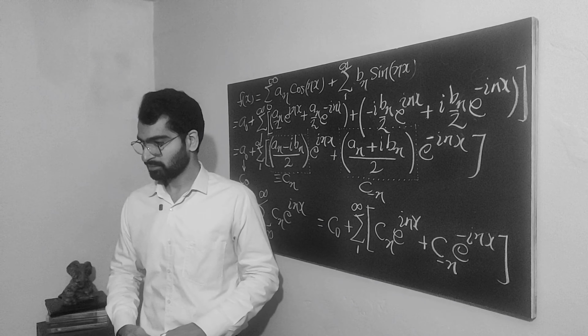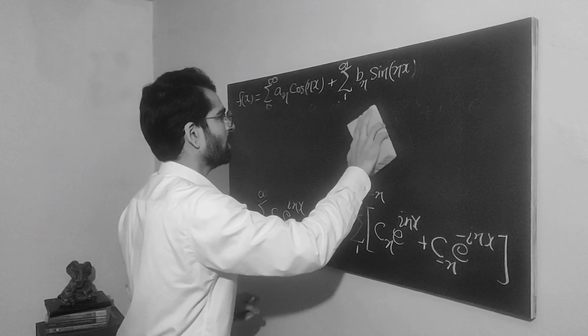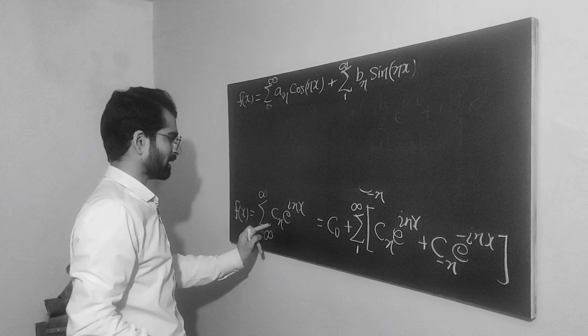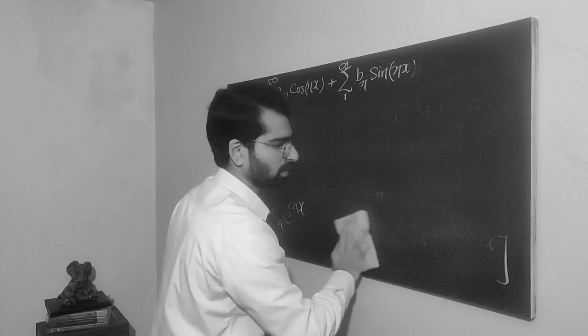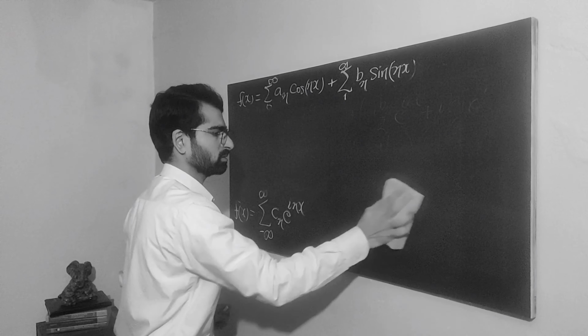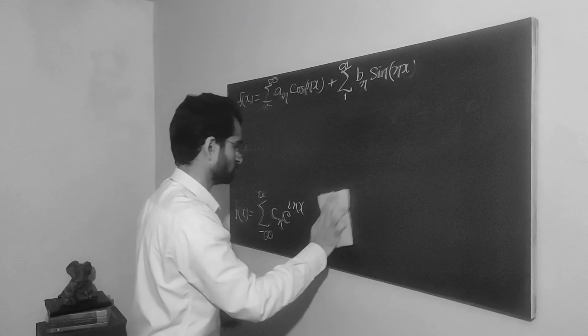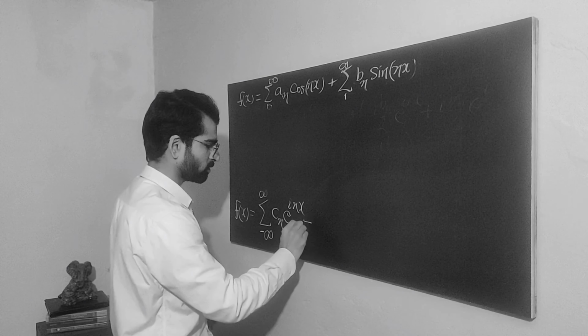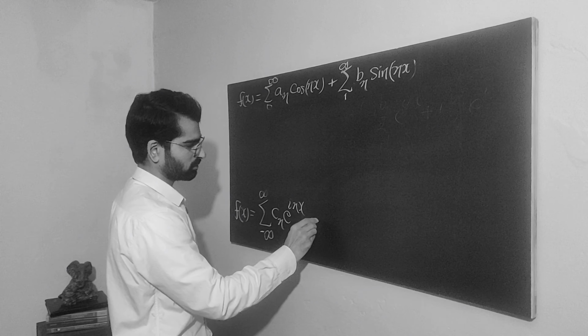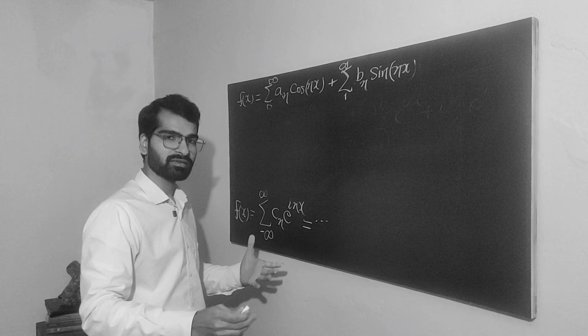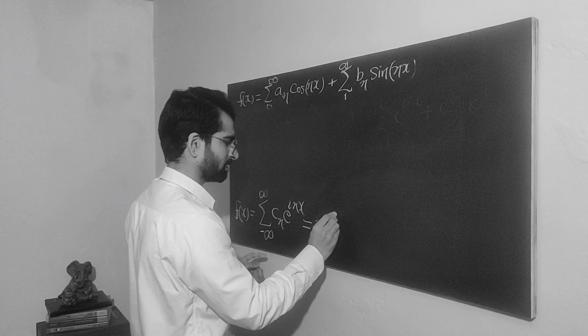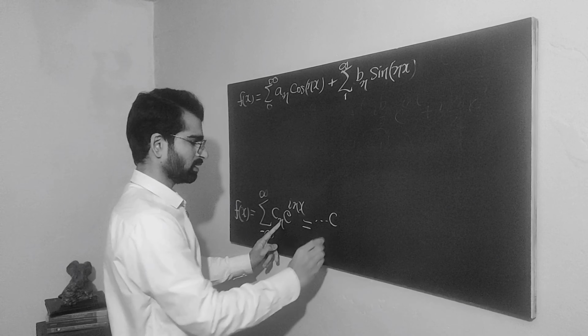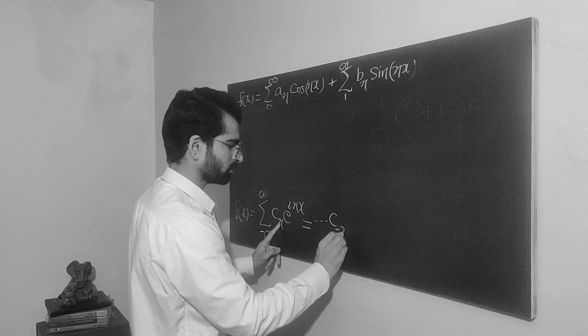And before I find the Cn's, I want to expand this series. Okay, this is going from minus infinity to infinity. So I will start with negative 2. Right? So I write C negative 2 times e to the minus i2x.